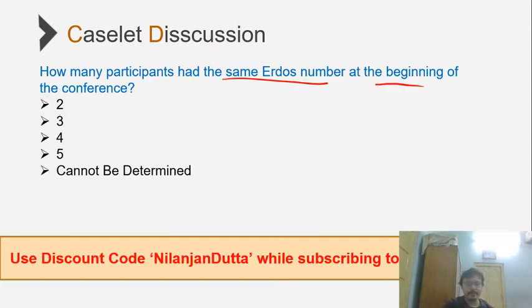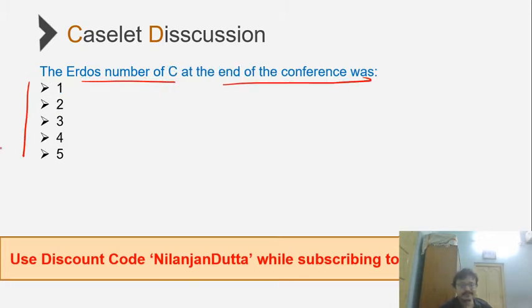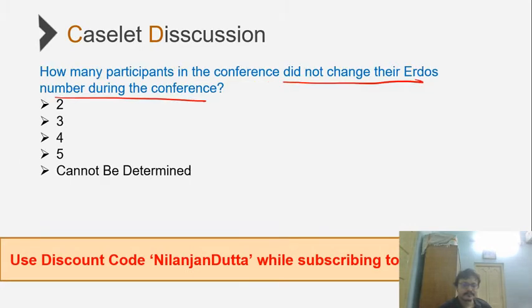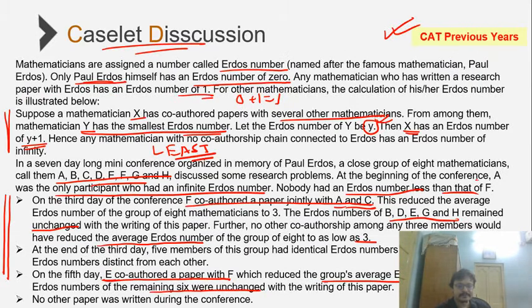Wherever you're getting stuck, use the questions and options to your advantage. How many participants have the same order of number at the beginning of the conference? The order of number of E at the beginning of the conference was how much? The order of number of C at the end of the conference was how much? How many participants did not change the order of number during the conference? The last one is, the person having the largest order of number at the end of the conference must have had an order of number of how much at that point of time.